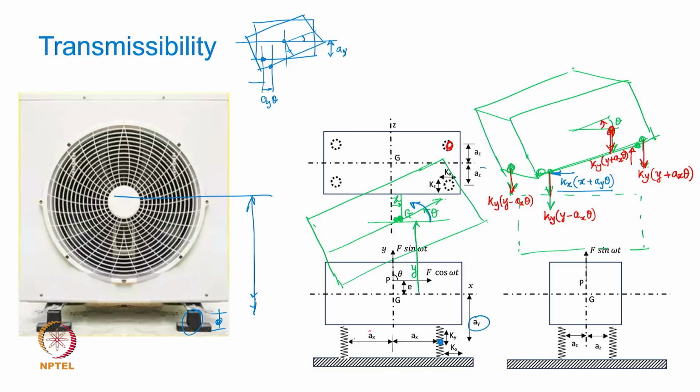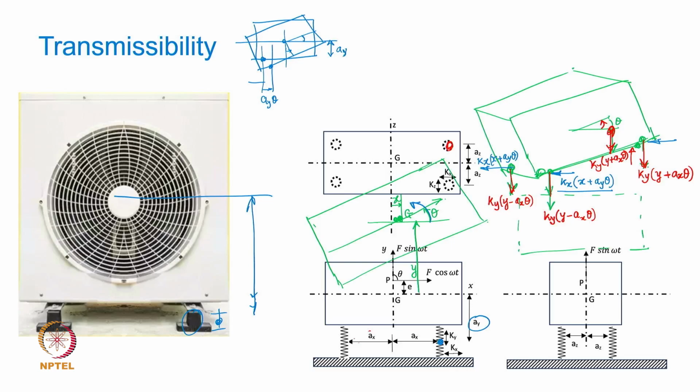I hope you agree that this is the same force here. Nothing changes for this position. So this is going to be x plus ay into theta. You agree with that? What about this? Same, with respect to the CG, the tilt is going to create this motion and this motion at both the points, whether on this side or on that side.